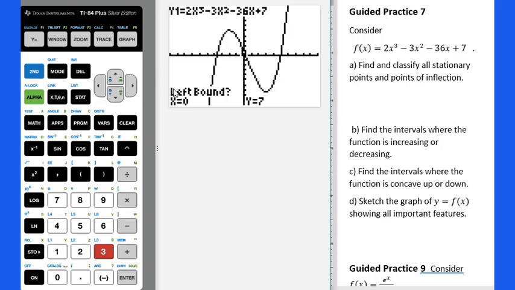We know this is a minimum. This is left bound. Do the left bound. Then I move the arrow to the right side of this minimum point. Then press enter. You will get x equals 3, y equals negative 74. That's a minimum point.